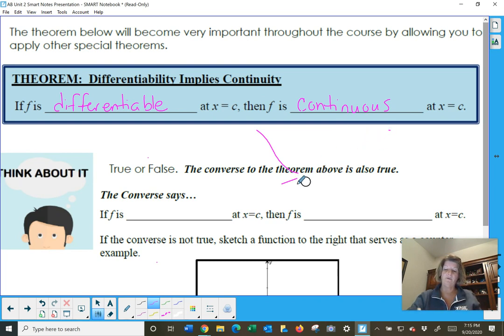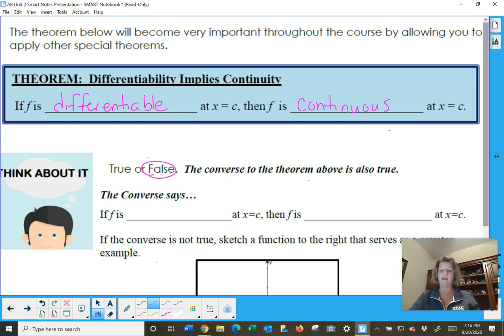So differentiability implies continuity. Now, does the reverse work? Can it be continuous? The converse of the theorem, this is not true. This should say the converse, not the contrapositive. This is a true false. This would be false. The converse to the theorem above is also true?